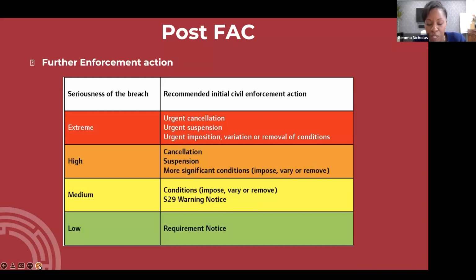You may also be submitting representations against warning notices, for example, or a notice of proposal to cancel, suspend your service or to impose conditions on your service. Or the inspection could have taken place whilst you were appealing a notice of decision, so this would be during the tribunal proceedings. Essentially, factual accuracy comments may not be the only thing that you are dealing with. So it is worth seeking support and advice to assist.